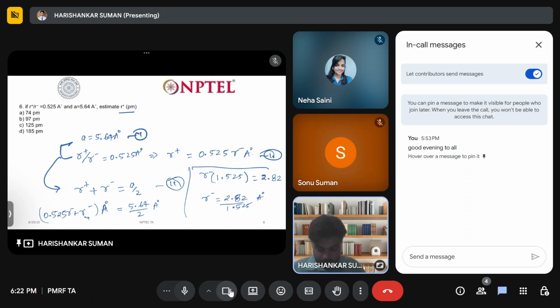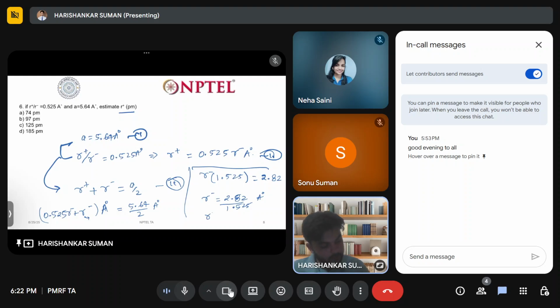Let me take out the calculator. 2.82 divided by 1.525.